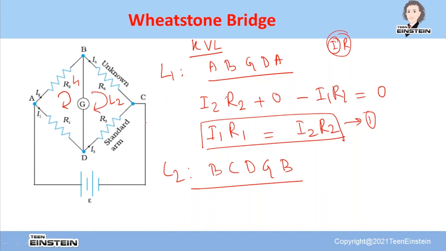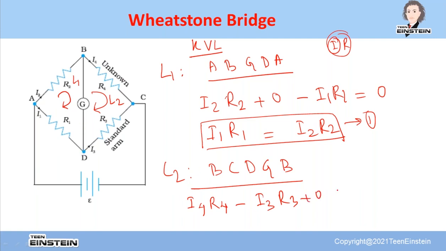Now I'll write I4 into R4, then C to D, the current direction is opposite, so I'll write I3 into R3.